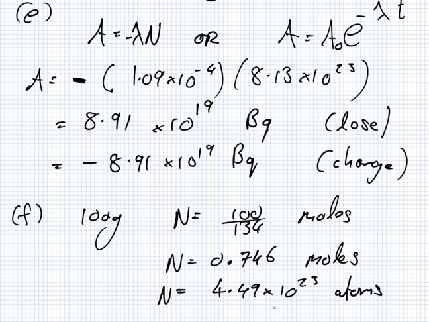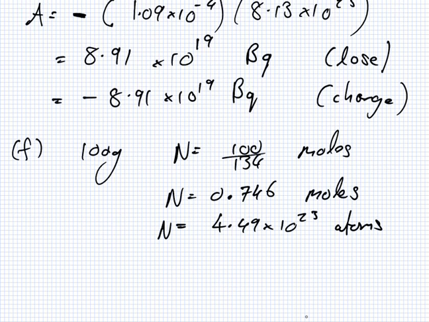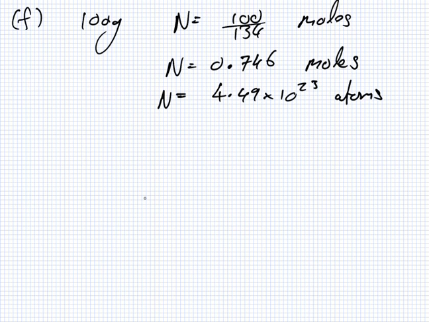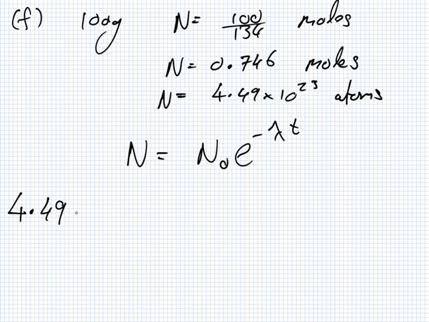So we would like to know how long until we have this many atoms. This is exactly like what you did in semester 1 maths. We need to use this formula: N equals N0 e to the minus lambda t. Okay, what's the N here? 4.49 times 10 to the 23.